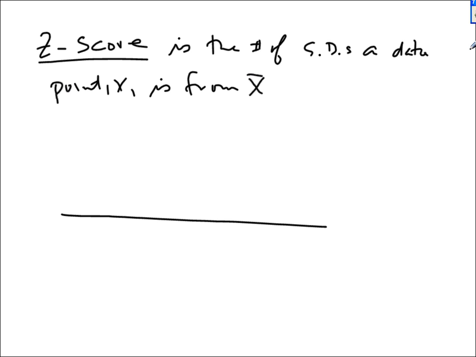The z is the number. Well, if x bar is 50, and this x is 70, and s, the standard deviation, is 10, how many standard deviations is this number from the mean?